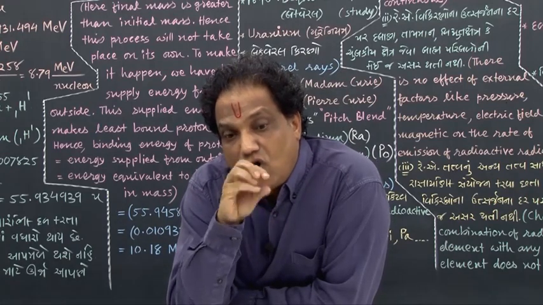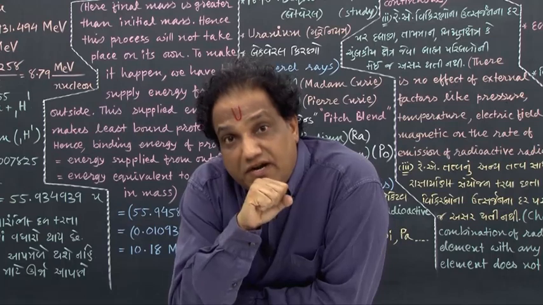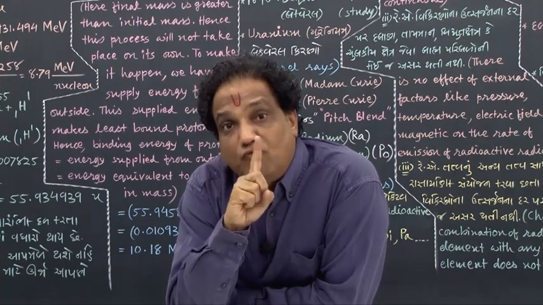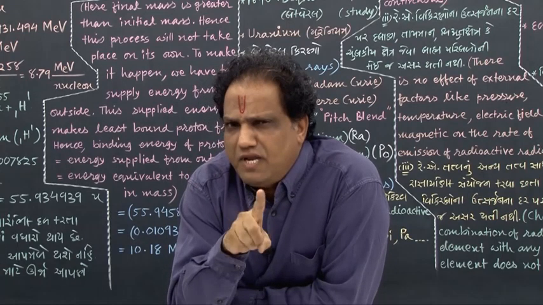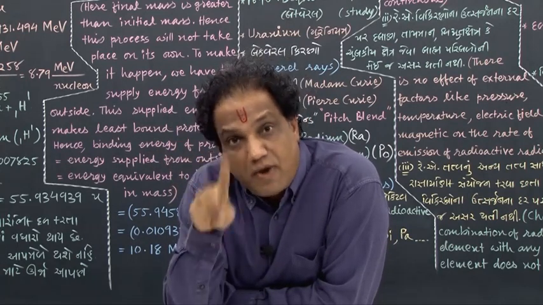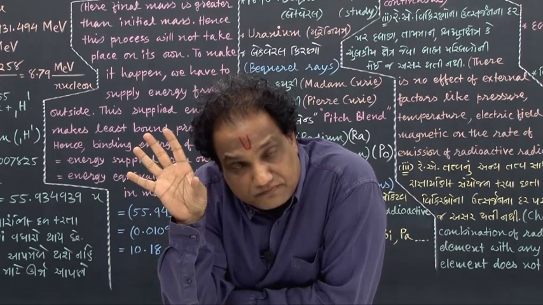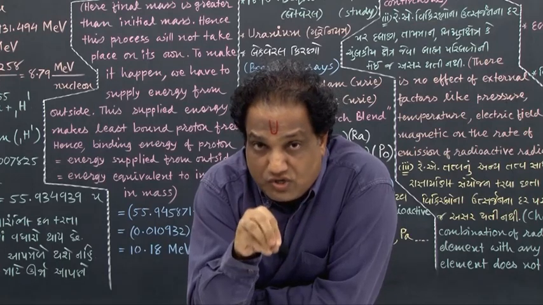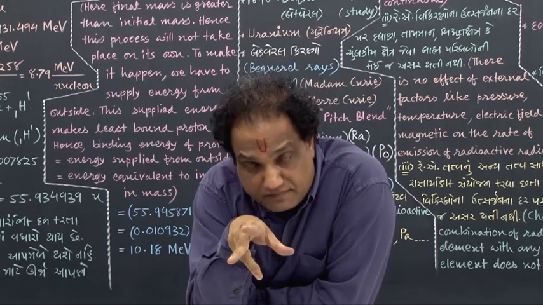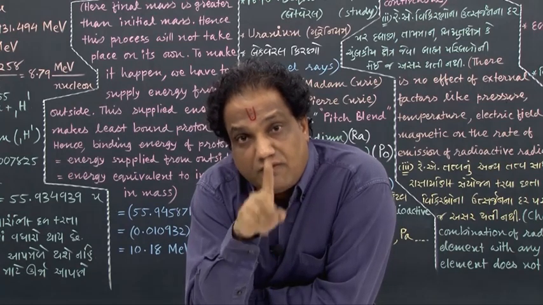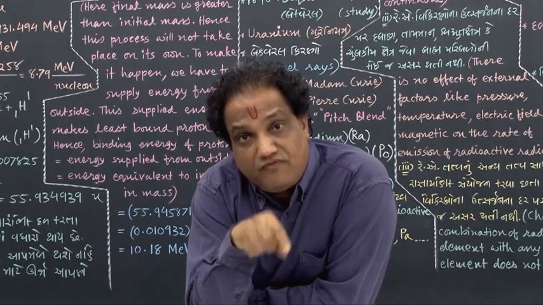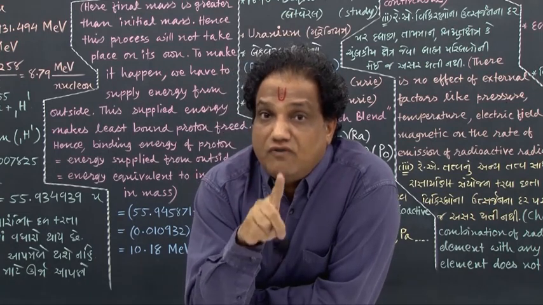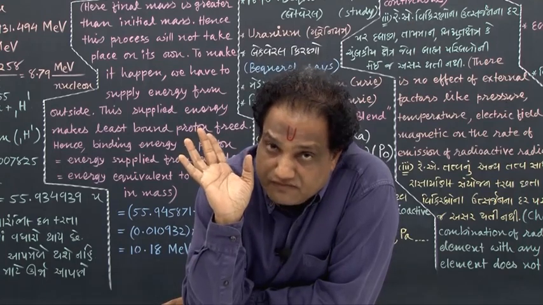When we want to make all the nucleons free from mutual binding, whatever minimum energy we require to supply to one nucleon is known as binding energy per one nucleon. I repeat, it is called binding energy per one nucleon, correct? Fine.